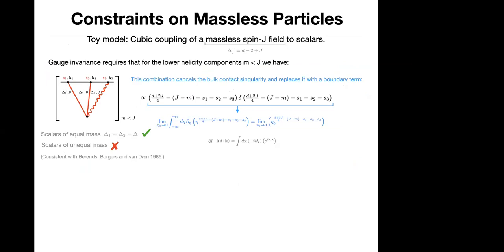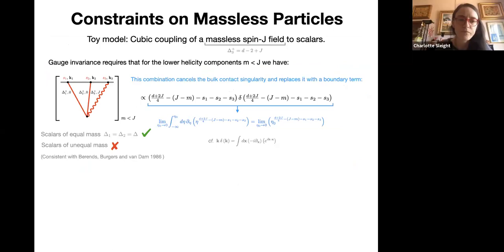In this way, we could, for instance, show that just like in flat space, there are no consistent interactions of massless higher spin fields to scalars if you insist on local interactions. And in de Sitter, this is nice because you can also use this framework to study constraints on particles that are more inherent to de Sitter, like partially massless and so on. This is why it was interesting for us.